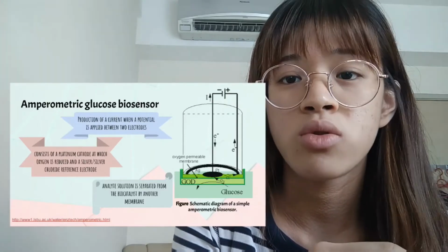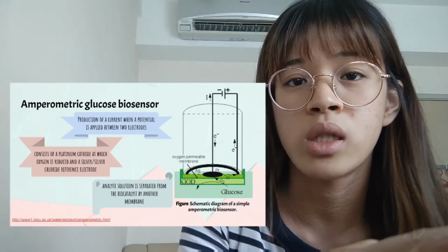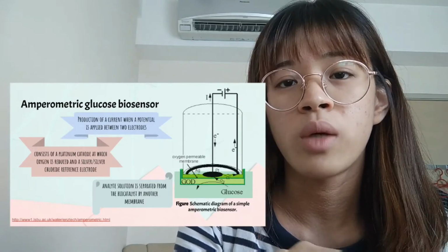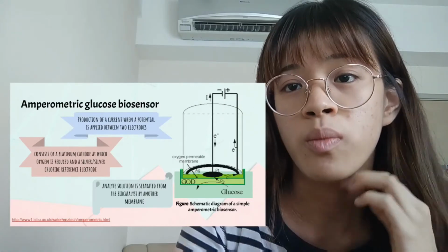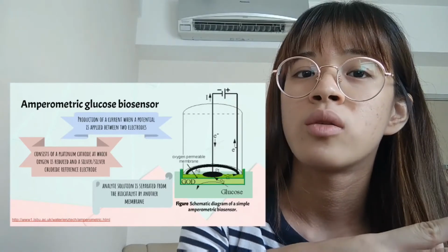Normally, these two electrodes are bathed in a solution of saturated potassium chloride and are separated from the bulk solution by an oxygen permeable plastic membrane.